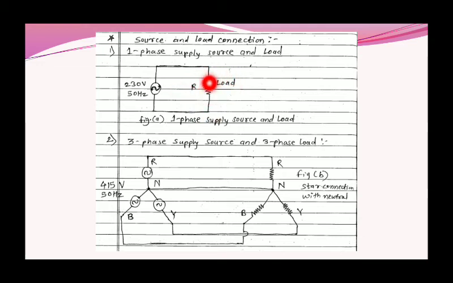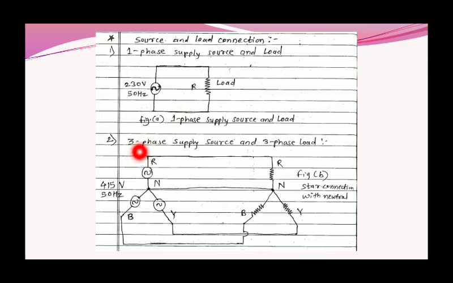So this is the load and this is the supply. When supply comes, it has one live wire and a neutral wire. When we connect the load, this becomes a closed path. When we close a switch, we press the turn on button, the current will flow in the closed path, and whatever the appliance is, that will turn on. So this is single phase supply and load.